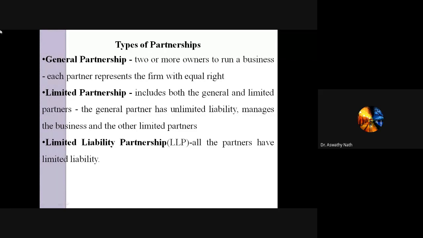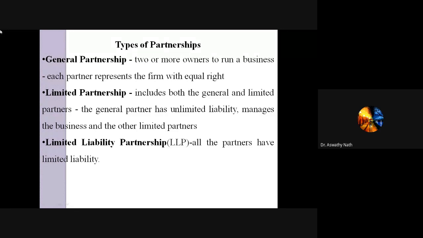We know the general partners have unlimited liability, but the limited partners have limited liability. At the same time, the general partners manage the business and all the other limited partners. So that is in the case of a limited partnership.